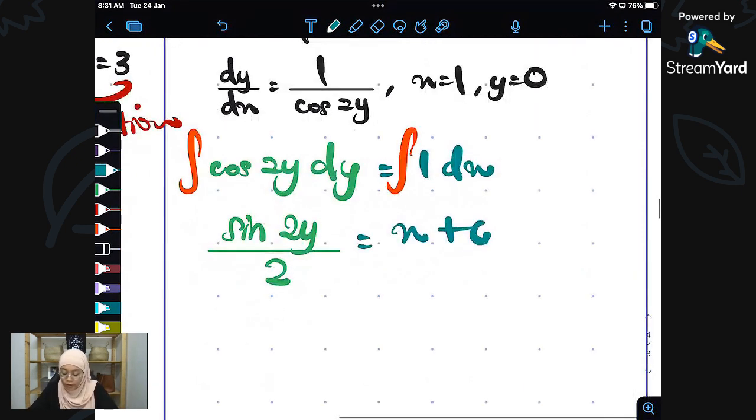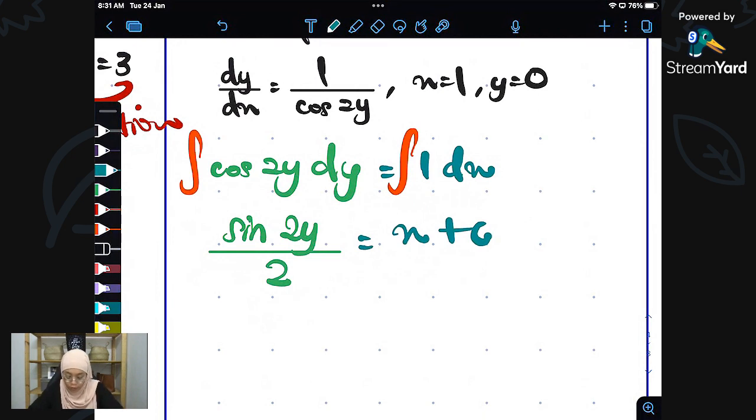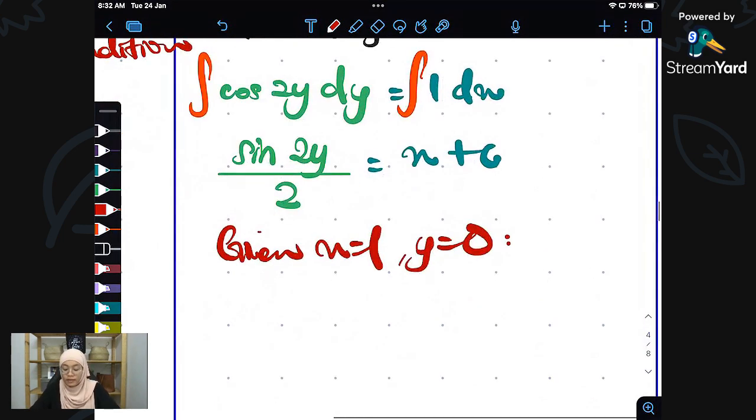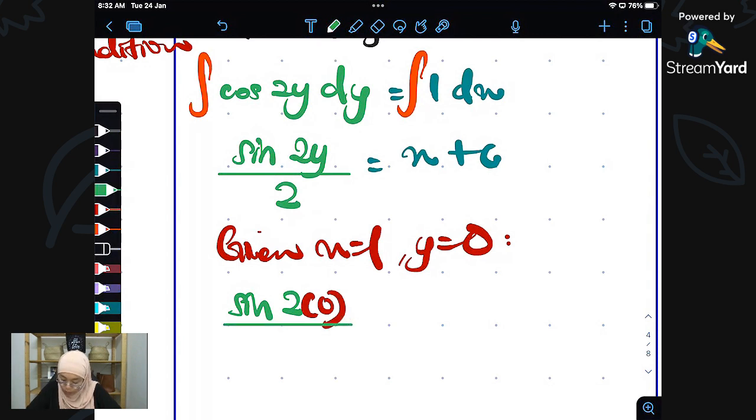We remain it like that. We write down the conditions given to us, which is x equals 1 and y equals 0. So we sub in the values and we will get sine 2 times 0 over 2, equal to 1 plus c.